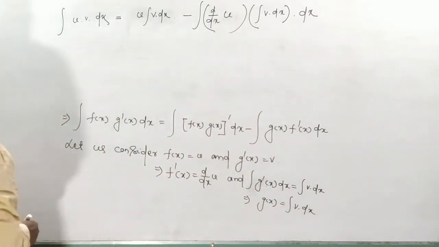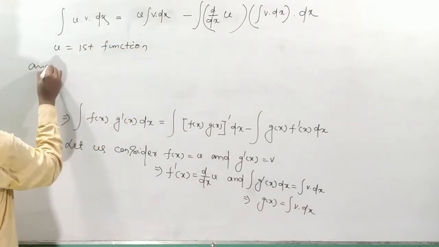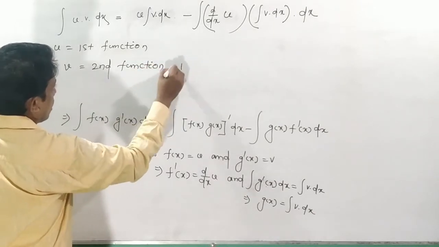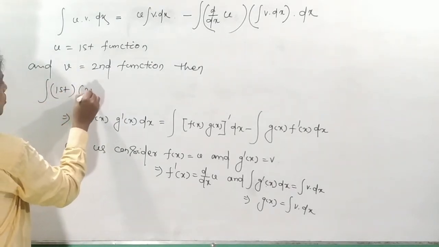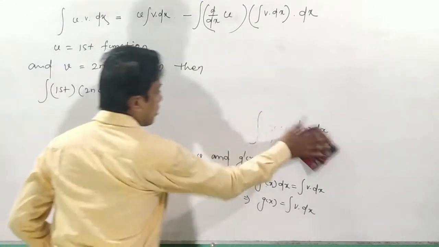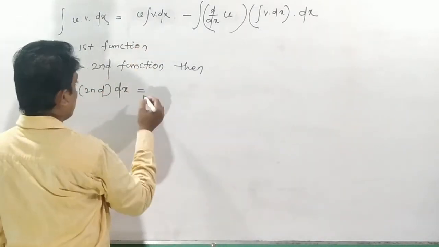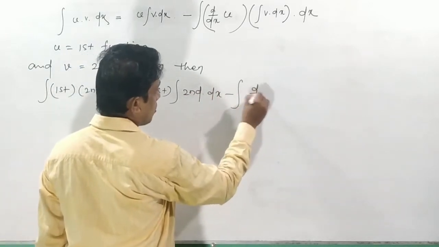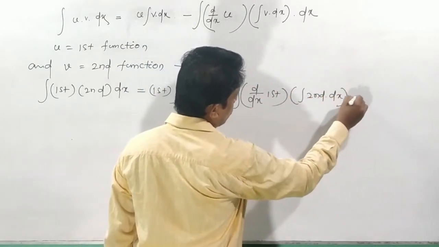into dx. If we also write u is equal to the first function and v is the second function, then this can be written as the integration of first function into second function, whole into dx, is equal to u, your first function, into integration of second function into dx minus derivative of the first function into integration of second function into dx, whole into dx.